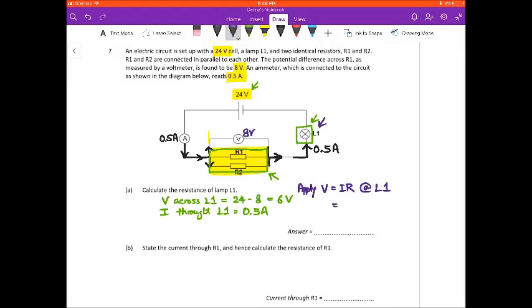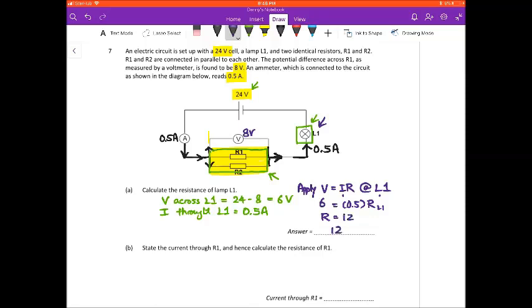So when I want to do that, I know that the V I want to find is only for L1. So V across L1 is 6. I for L1 is 0.5. And of course R for L1. So once I do that, I will know that R for L1 is 6 divided by 0.5, which is 12.